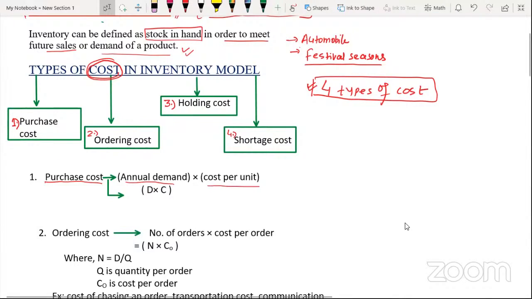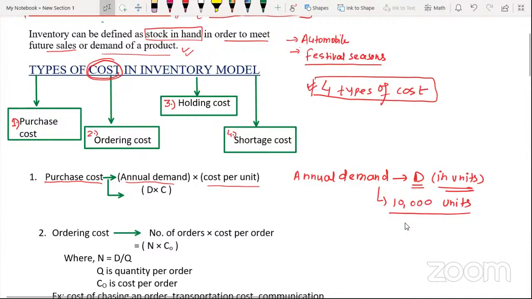The annual demand is denoted by capital D. Annual demand means units per annum, for example 10,000 units. So for annual demand we use the letter capital D.